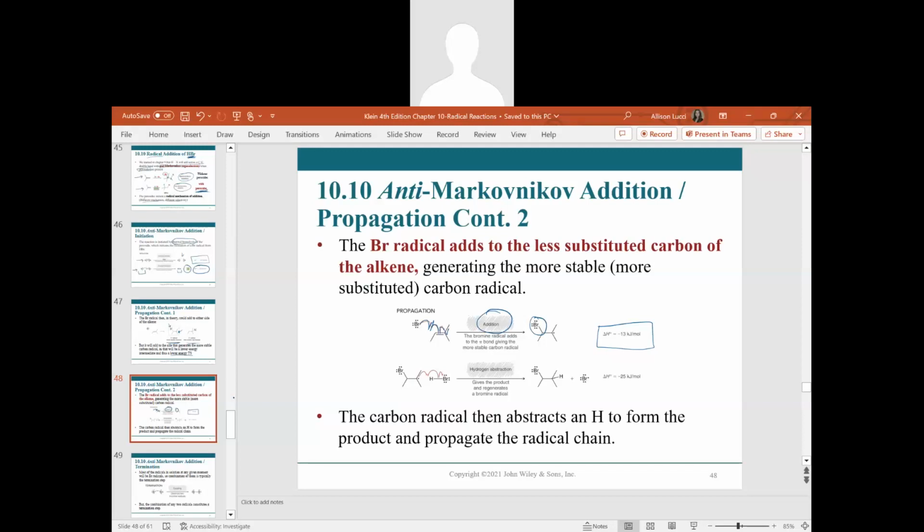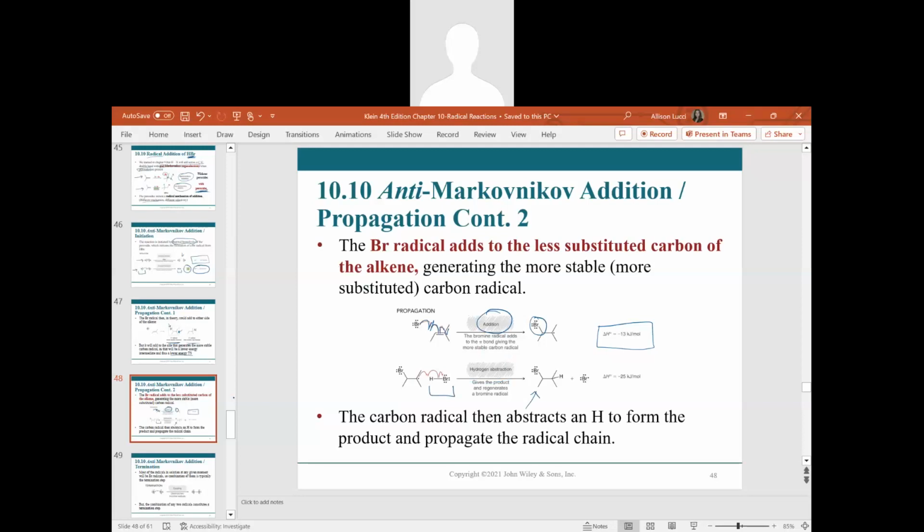Now we have that radical site interacting with HBr, and we're going to have a hydrogen abstraction in this second step. And this will give us the product of an anti-Markovnikov addition.